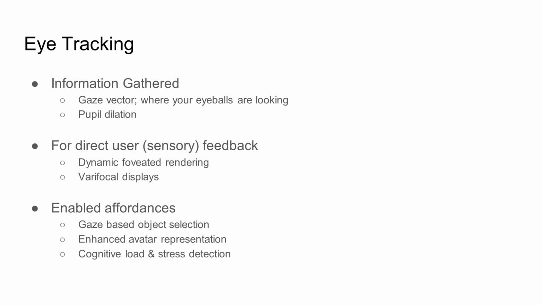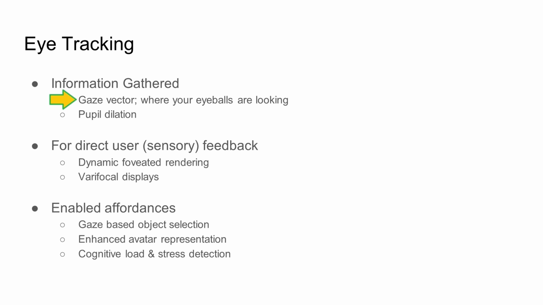Well, it gives us something called a gaze vector. And if you could just imagine laser beams coming out of your eyes and then eventually ending up somewhere, that's basically what a gaze vector gives us. And this is very useful because we can use that to know what our user is looking at. We can know what our user is looking at in the virtual environment.